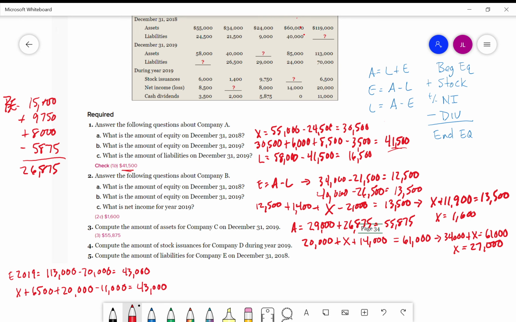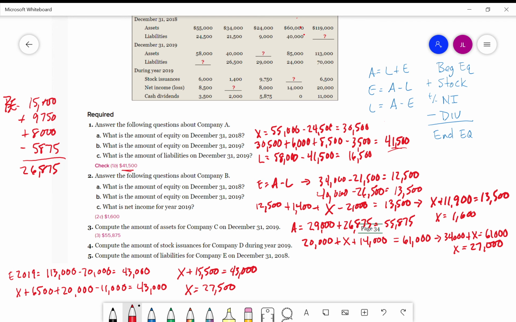We don't know beginning, but we know ending. Combining like terms, 6,500 and 20,000 is 26,500, minus 11,000 is 15,500. So X plus 15,500 equals 43,000. If we subtract 15,500 from both sides, X is equal to 27,500. 27,500 is our beginning balance of equity.